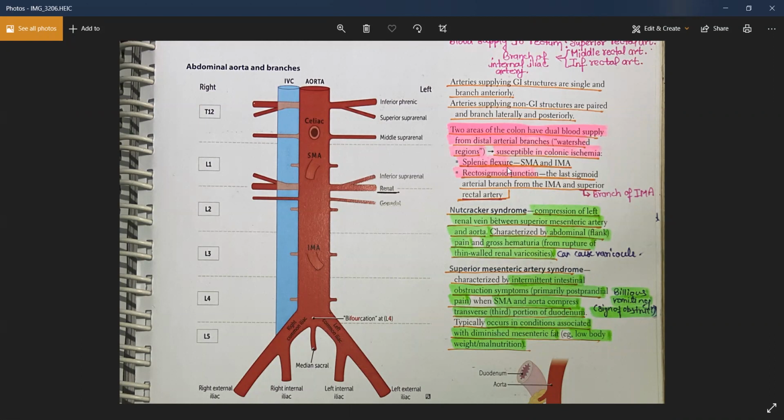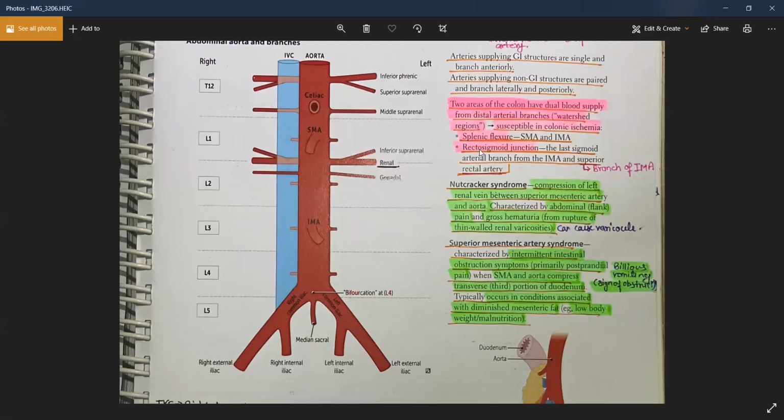So it is also a watershed region. Whenever a blockage happens in the inferior mesenteric artery, this rectosigmoid junction will be the most commonly or first affected area, right? Very important. Both are branches of the inferior mesenteric artery which are anastomosing at the rectosigmoid junction.